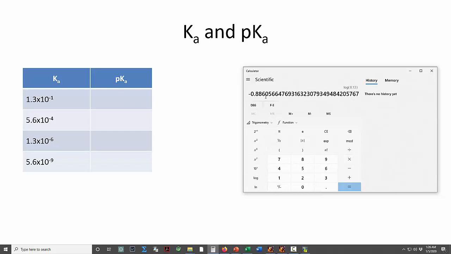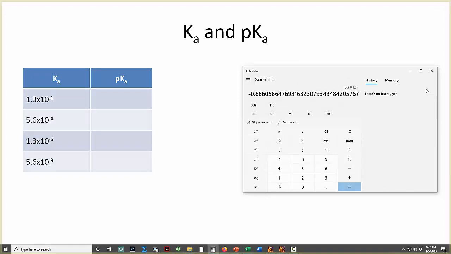0.886. So in terms of the pKa equation, it becomes positive 0.886. So in other words, this becomes 0.886, because we're looking at the pKa as being the negative log of the Ka value.